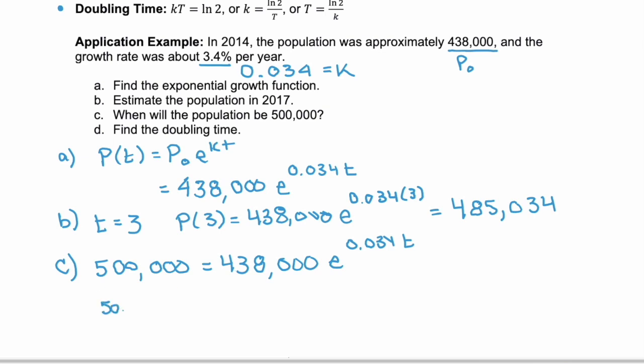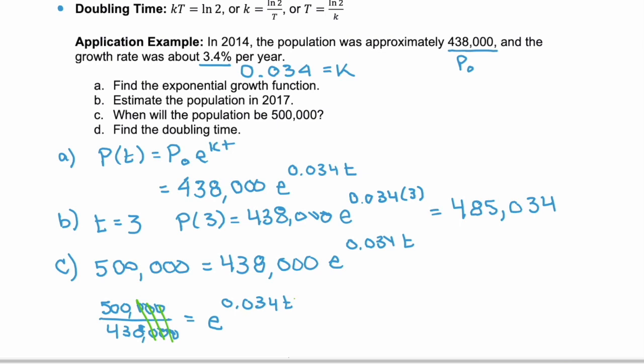So we'd get 500,000 divided by 438,000 equals e to the 0.034 t. Notice that these zeros would simplify out, so we'd have 500 over 438.